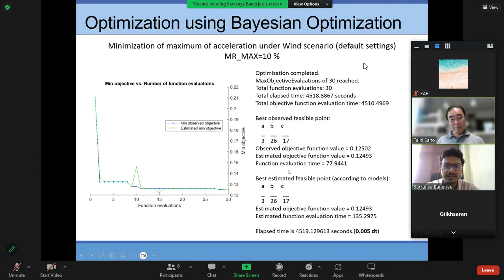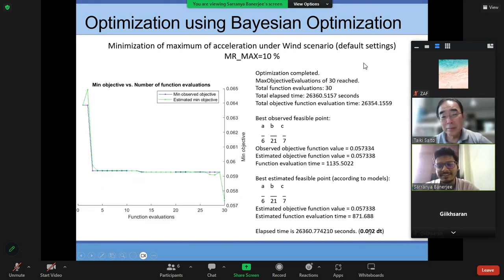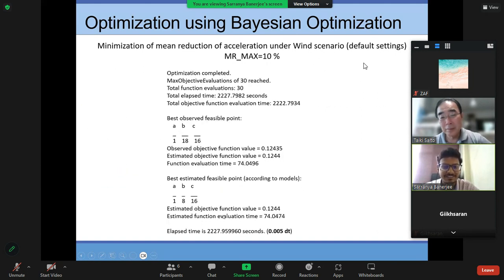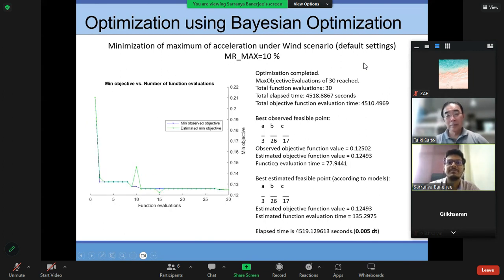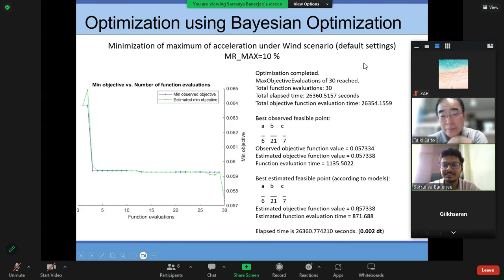And the interesting part is that although the results have not converged for the time histories using this time step, the optimization results are quite similar, especially for the reduction, not for the maximum acceleration reduction. If we minimize the maximum acceleration, then our objective is the value of the maximum acceleration, so in that case it is quite different.